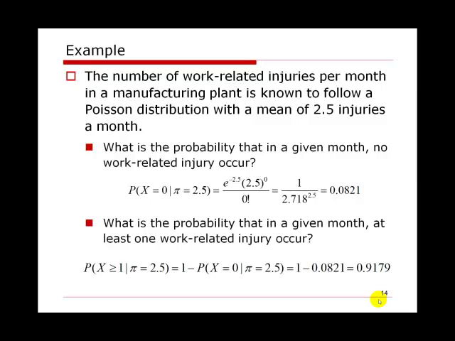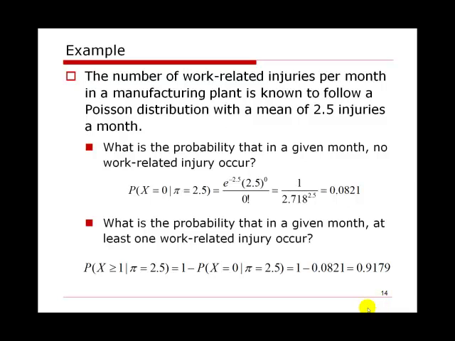Similarly, we can calculate the probability that in a given month at least one work-related injury occurs. Now again, at least one includes the scenario that one injury occurs, two injuries occur, 3, 4, 5, 6, all the way up to, theoretically, infinity.